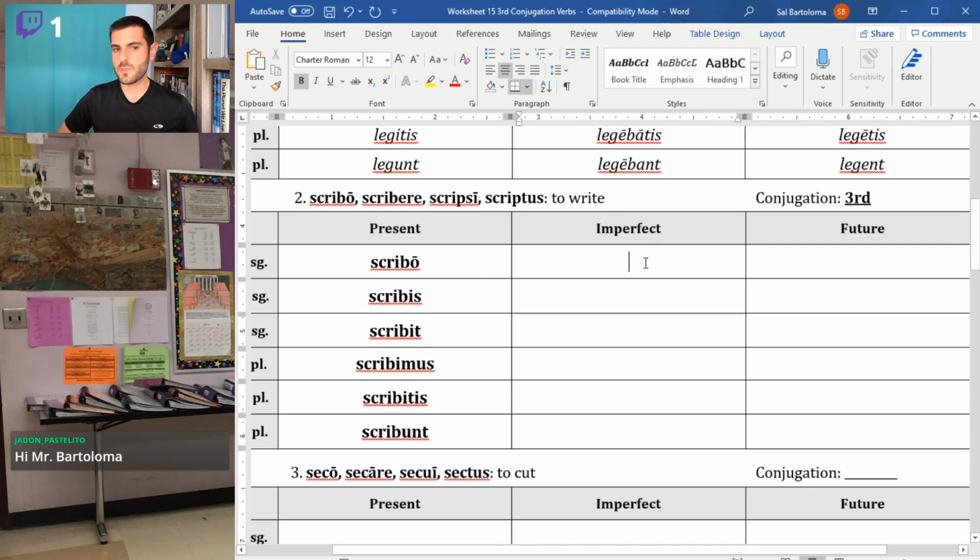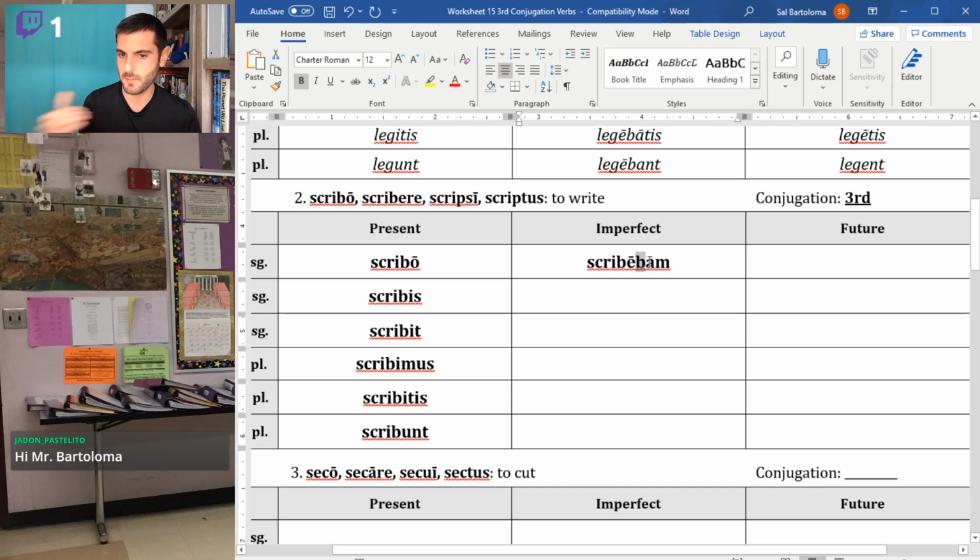Be careful with a verb like scribo, because you have your stem, scrib, and then when you do imperfect, it's scribebam. And it's very common for students to see that b in the stem and forget to add another b for the imperfect ending.